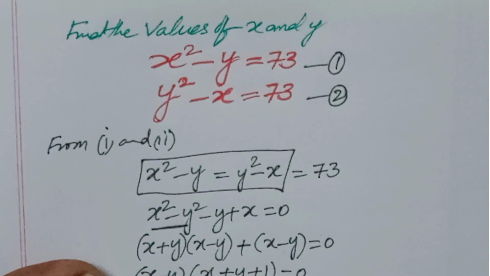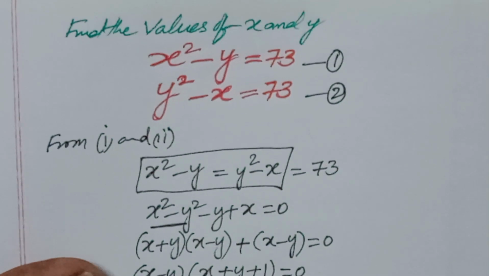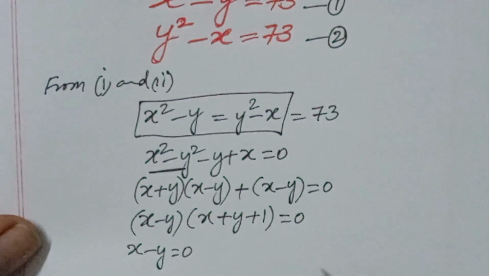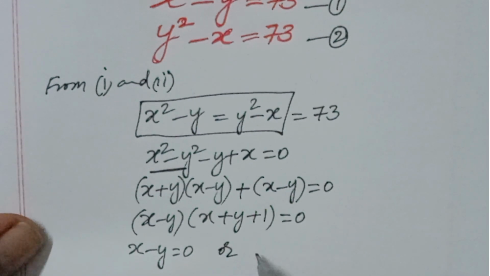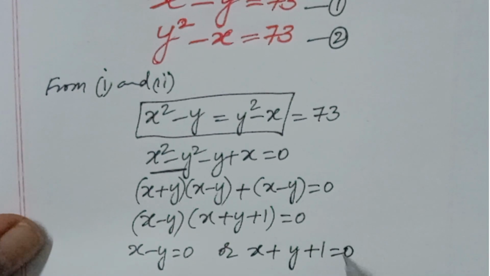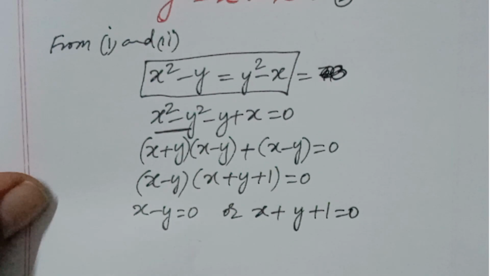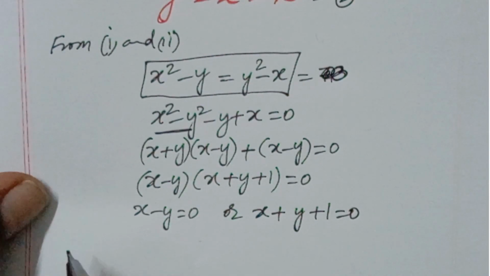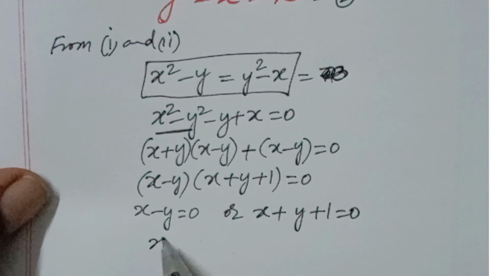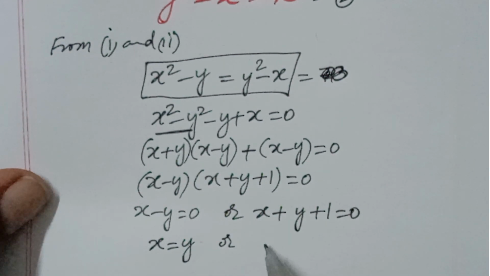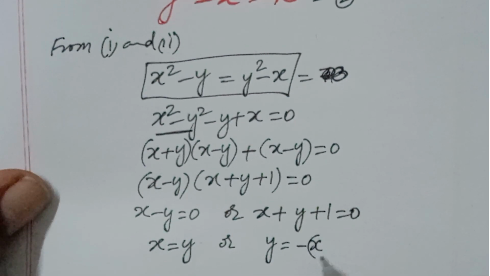So x minus y equal to 0 or x plus y plus 1 equal to 0. We are getting two cases: x is equal to y, or y is equal to minus of x plus 1.